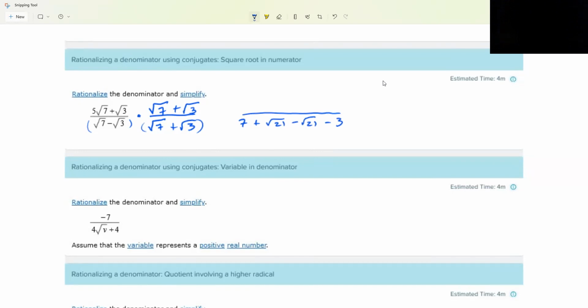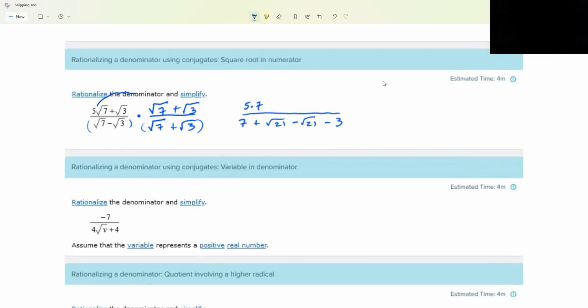This is going to give me 5 times square root of 7 times square root of 7 is going to be 7. If you want to, you can put the square root of 49 and then take the square root of it. 49, you get 7.